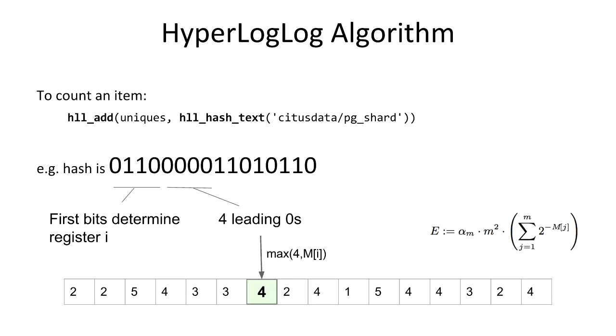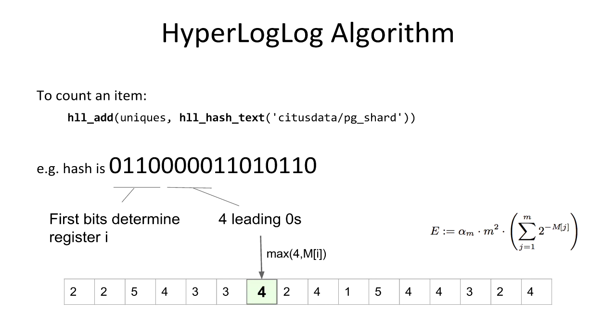So what does the data structure for HLL actually look like? Usually there's an add function where you take a hash and then you add it to an existing HLL data structure. An HLL data structure contains a bunch of registers. Each register is just a number of bits, and the register will count for a particular stream.